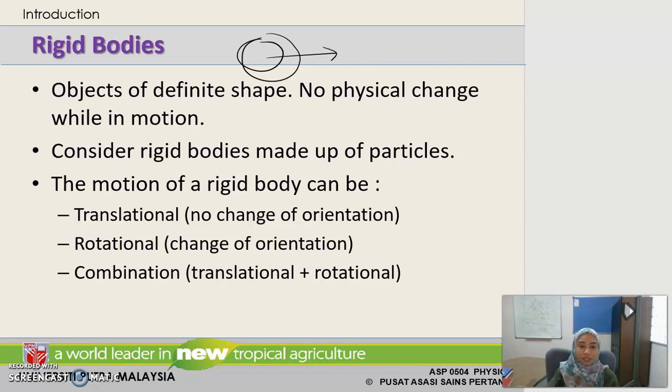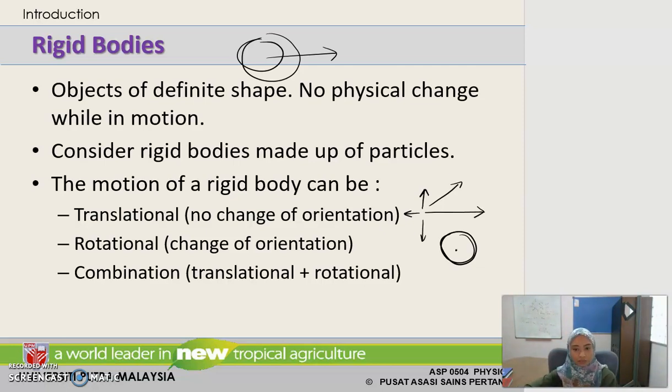The motion of a rigid body can be translational, which means it's moving to the right, to the left, upwards, downwards, or at an angle. Anywhere, it's called translational. However, if it is moving around its center, it is rotational.